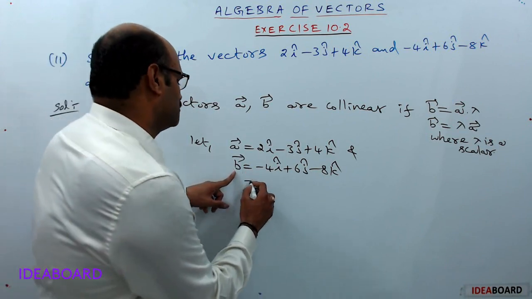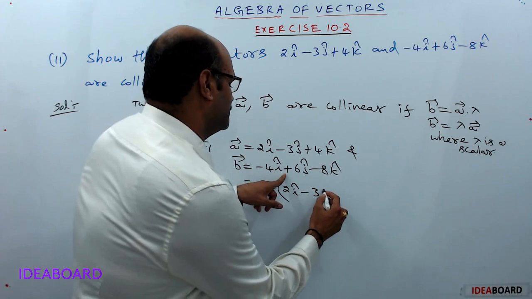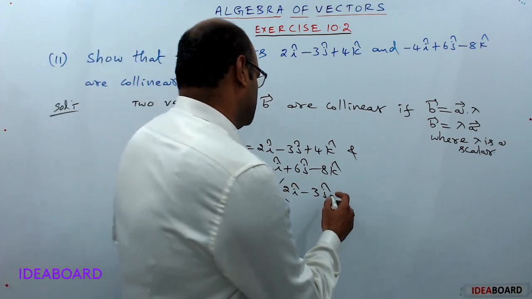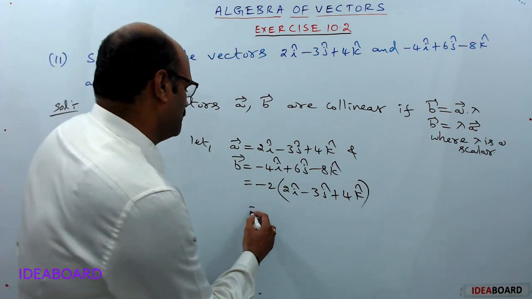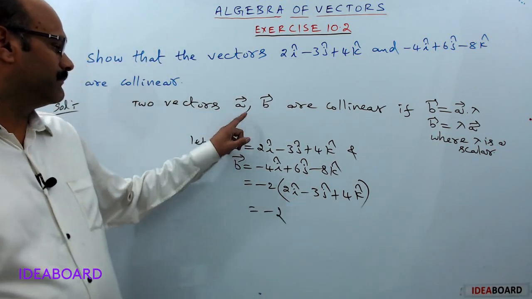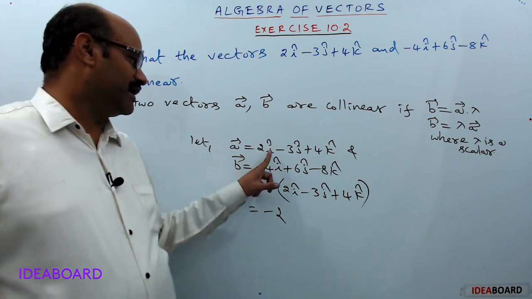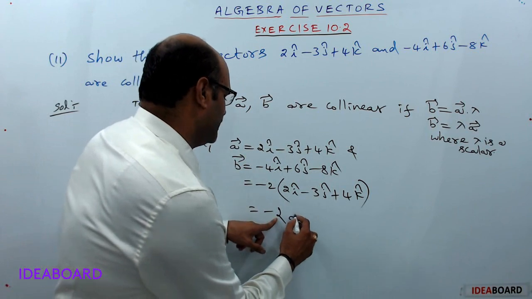So if you take minus 2 common, into 2i cap minus 3j cap plus 4k cap, equal to minus 2 into a vector, where a vector equals 2i cap minus 3j cap plus 4k cap. So minus 2 into a cap.